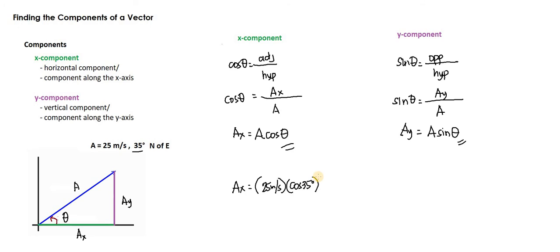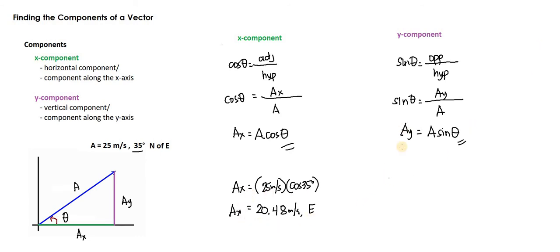Input sa calculator para ma-check din. So that will be 20.48 meter per second towards east. Okay, so this is also a vector, so you have to indicate its direction.